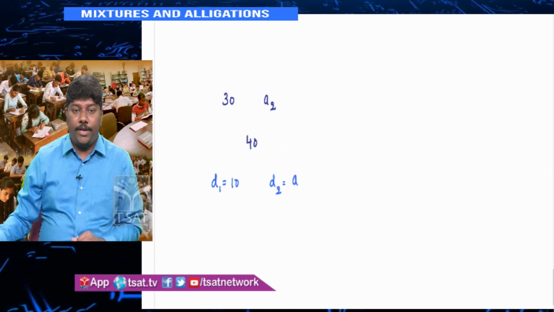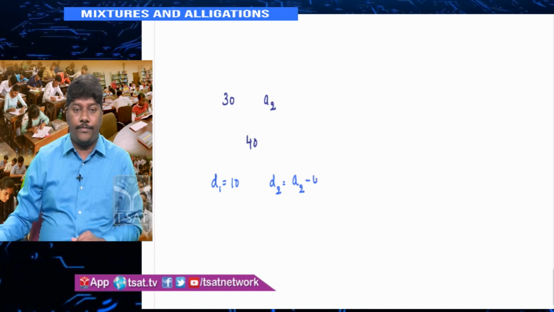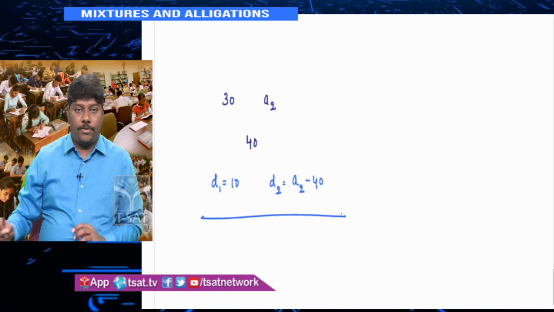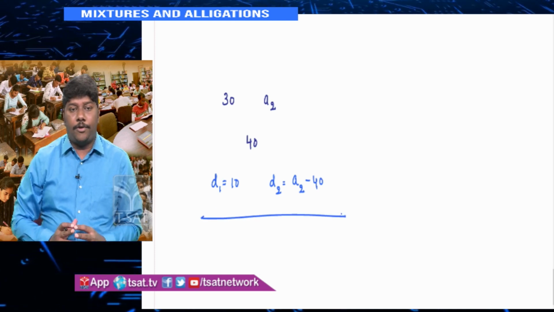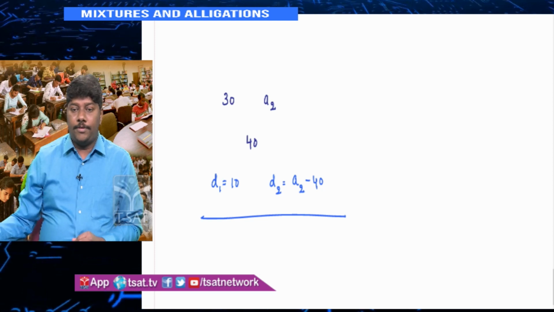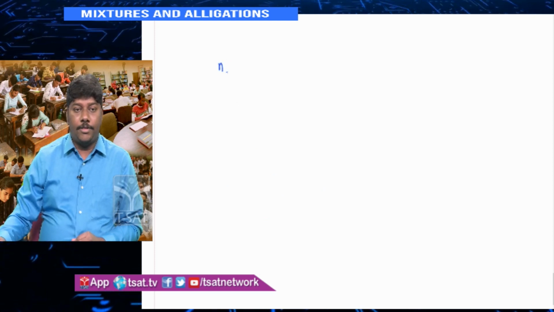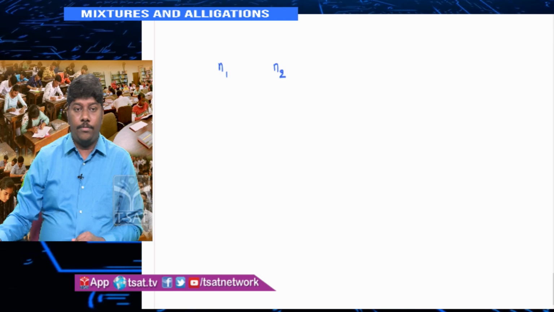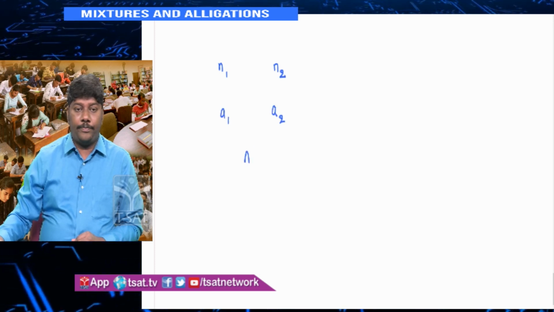So D2 should be A2 minus 40, right. So I am telling you various ways how we find out D1 and D2 and how we put it.